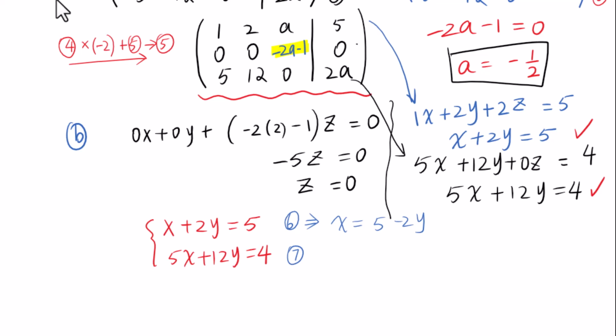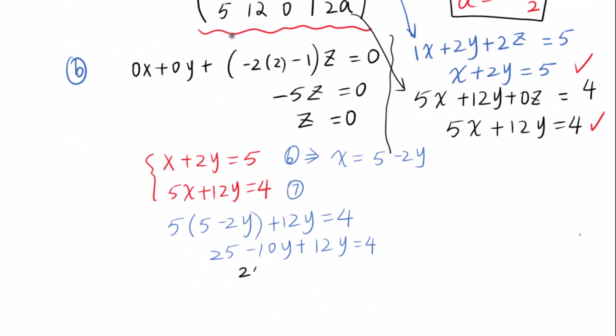We can solve this system of equations by substitution. 5 times (5 minus 2y) plus 12y equals 4. 25 minus 10y plus 12y equals 4.